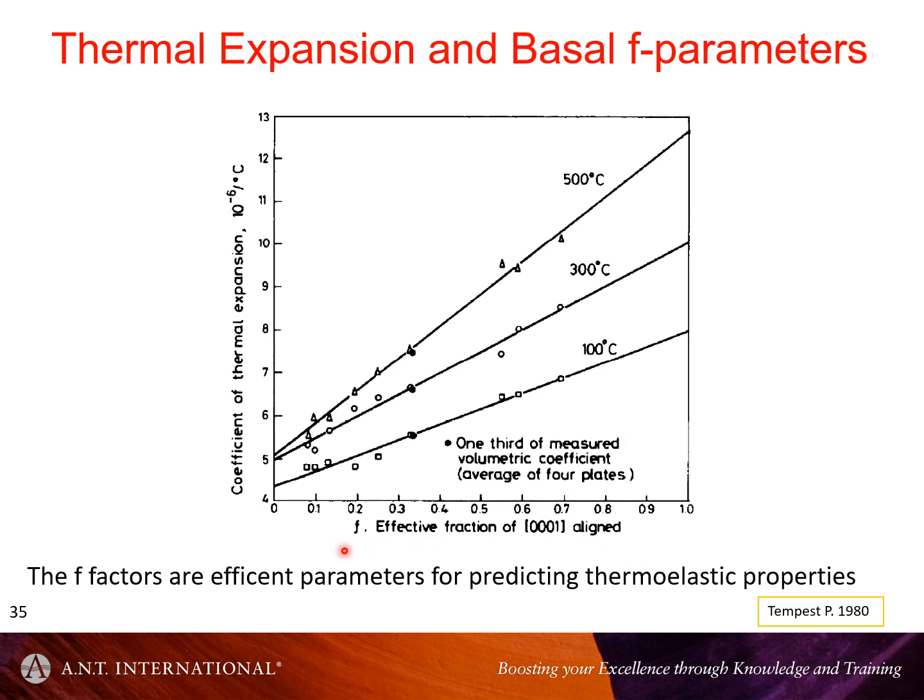And what this shows is that if we have a very high F factor, basically looking along mostly grains which are oriented with a c-axis in the direction of interest, we have a high thermal expansion coefficient, which is basically the single crystal value for the c-axis thermal expansion, and perpendicular to the c-axis we get a low value. And intermediate to that we have a range of possibilities, which is simply the interpolation between these two values. Okay, that's enough. Thank you.